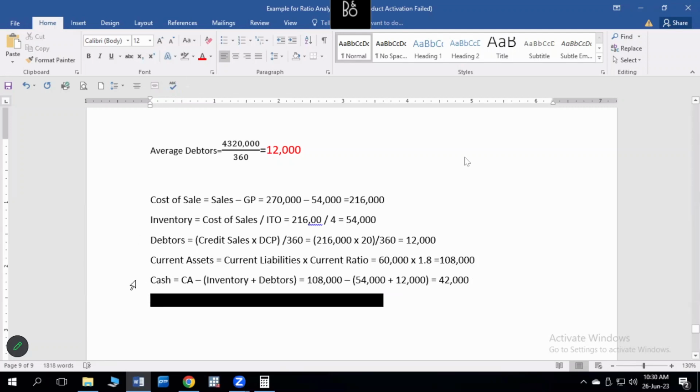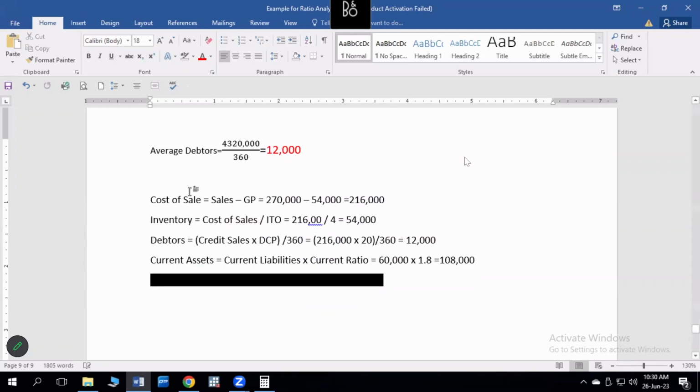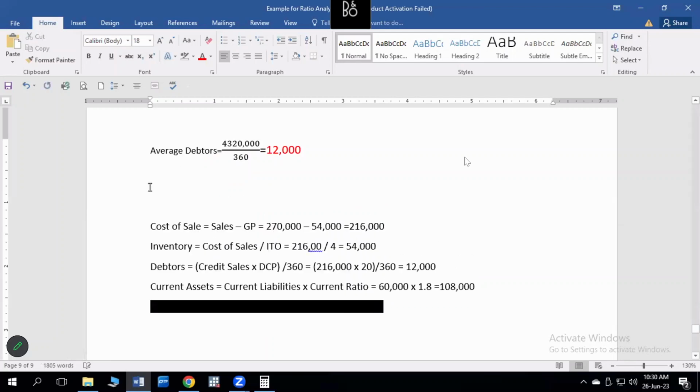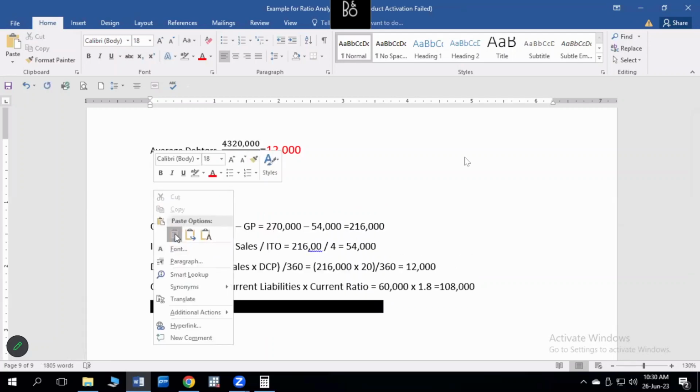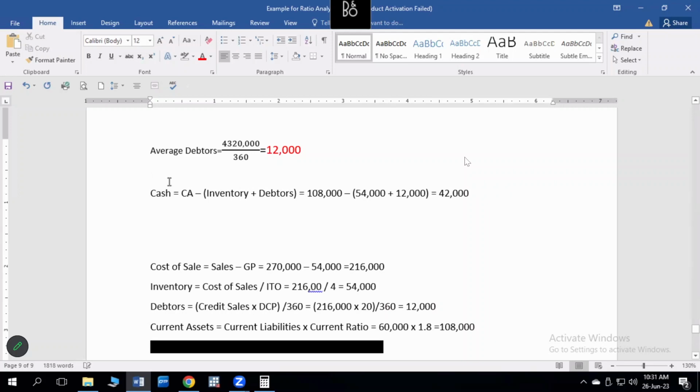Yeah. So you take this. For this last, cash is equal to this one. How can I get it? Current assets. You know the knowledge of current assets.